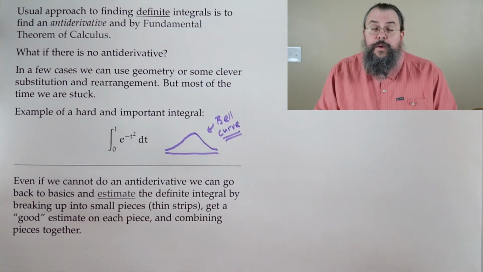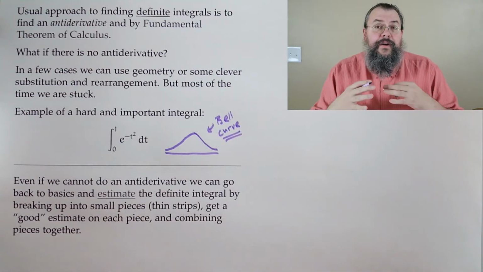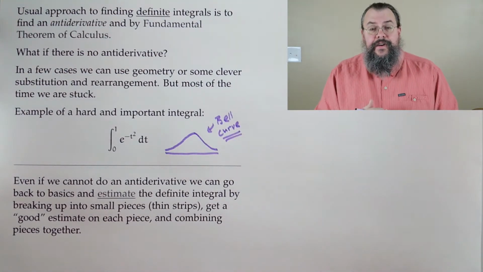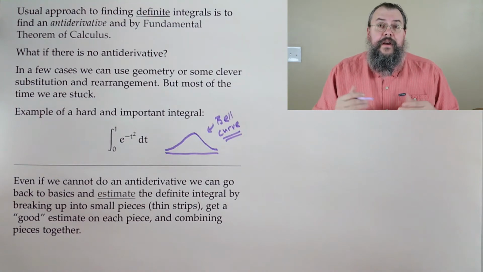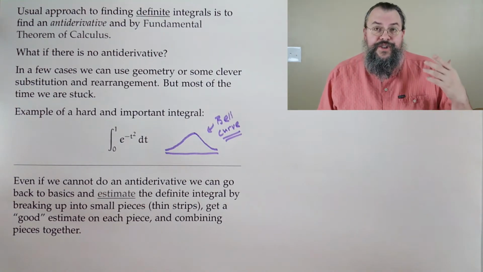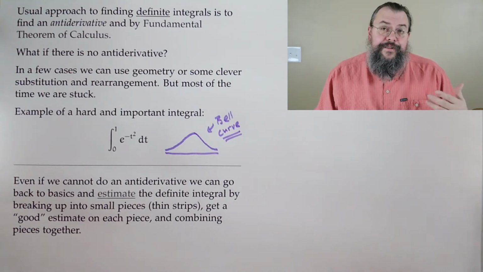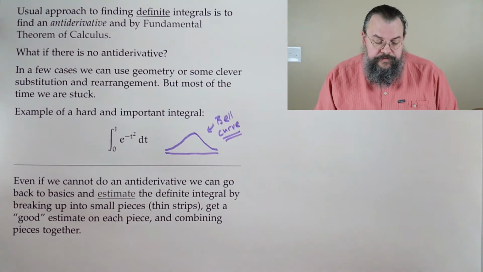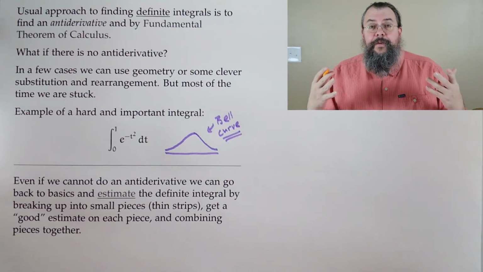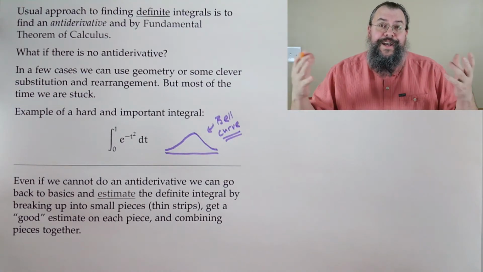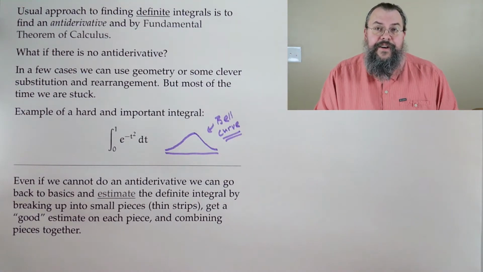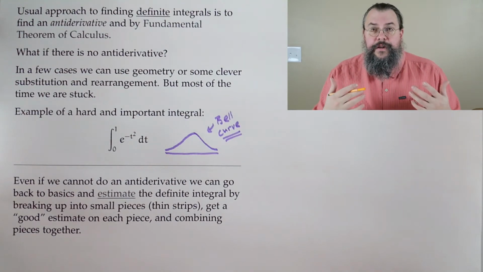We'd like to be able to say how much area there is underneath this curve. Statisticians actually have big charts and tables full of this data, though nowadays it's all stored in a computer. But we can't find the answer by saying here's the antiderivative, and just evaluate. So we have to come up with other methods.